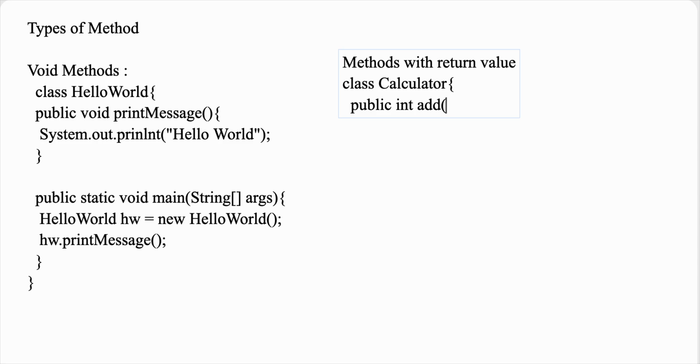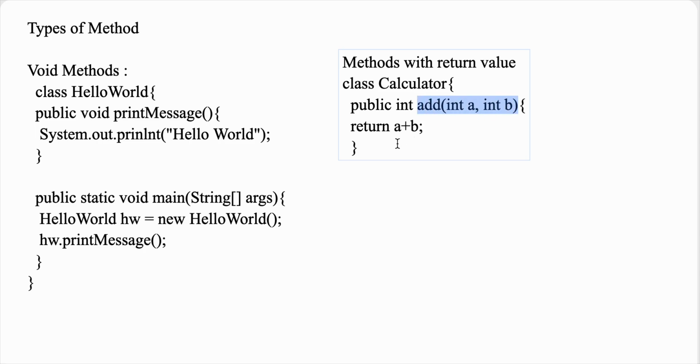In the parameters, we need to give the data types along with the names, int a and int b. Here we need to return a plus b. Then we complete the method. So we have created the add method.